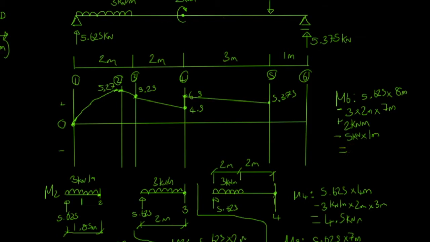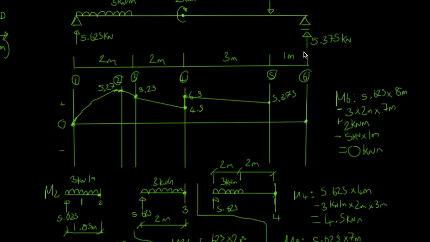And if we equal that all out, we should hopefully get 0. And if we don't, that means we've made a mistake somewhere. I have, you haven't. Minus 5, and we get 0. 0 kilonewtons per meter. So put this down here.